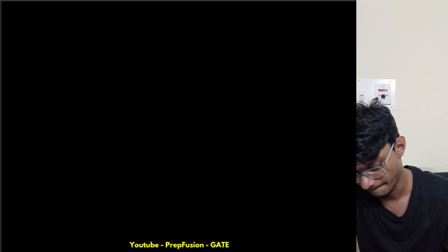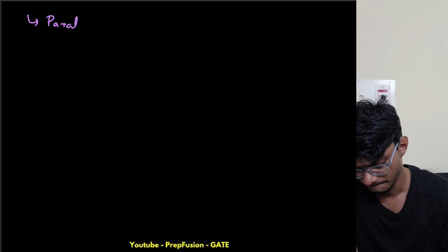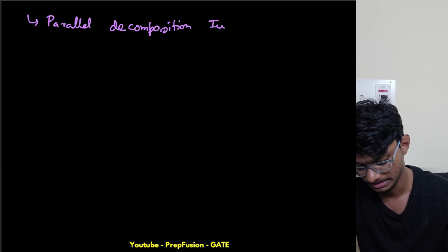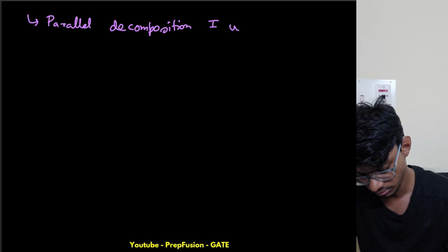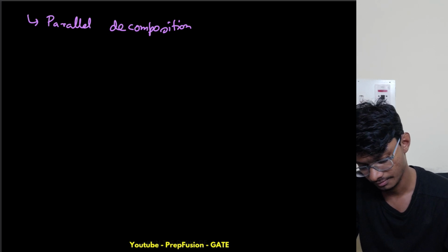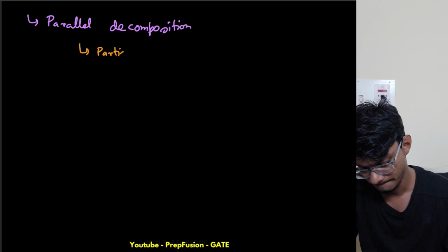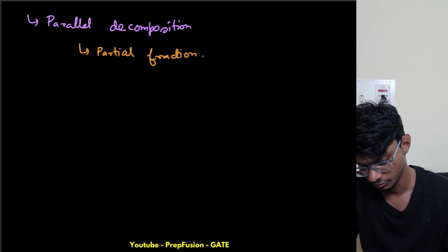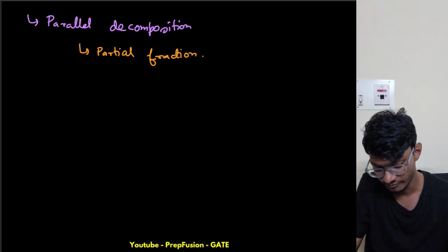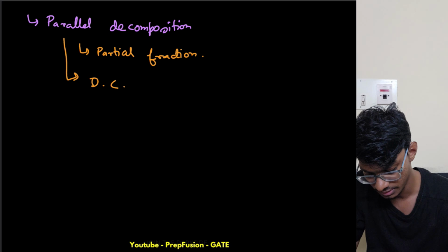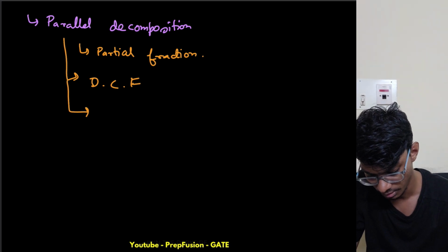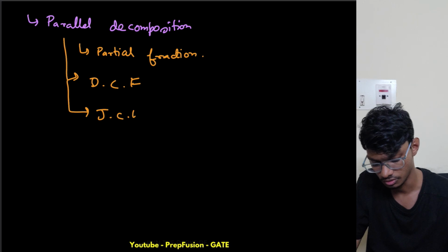You apply partial fractions. So this is what I should do. I have two forms. One is DCF, another is JCF, Jordan canonical form.